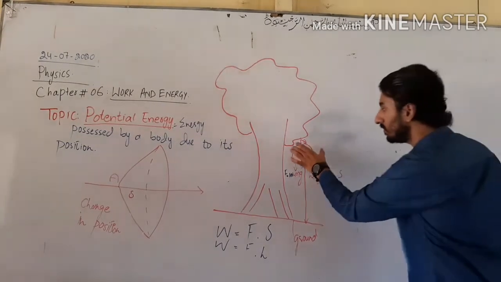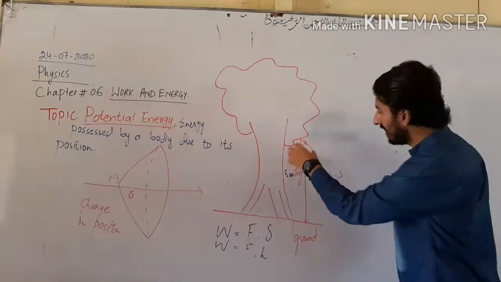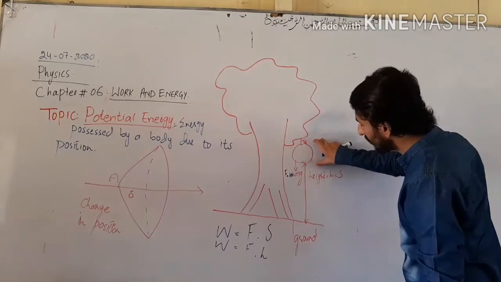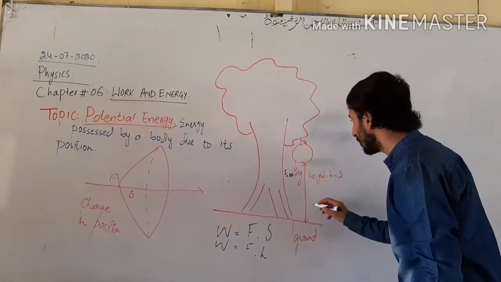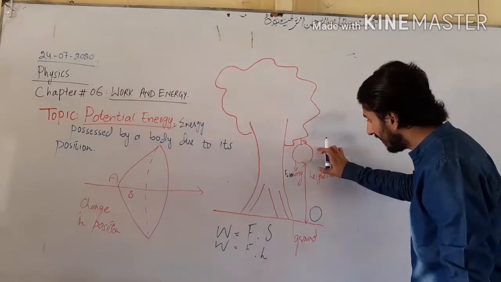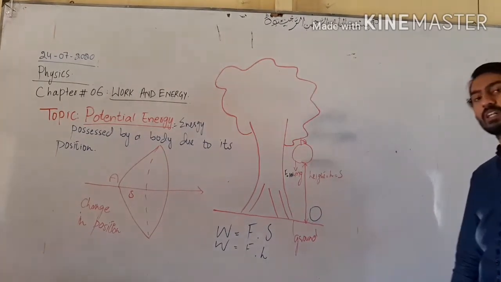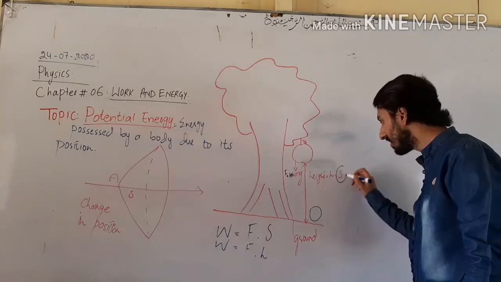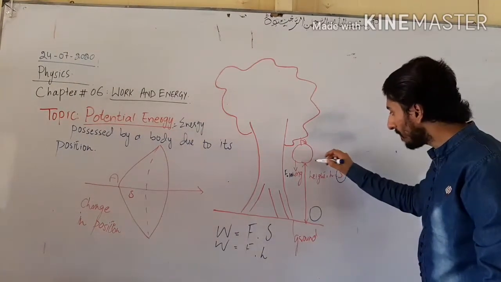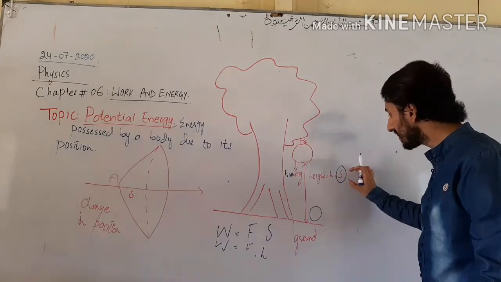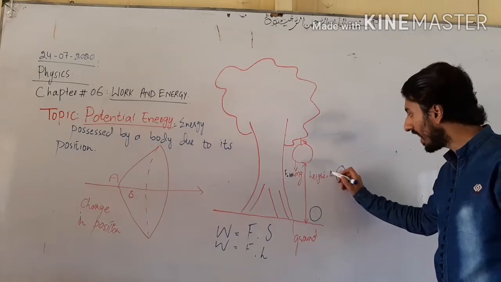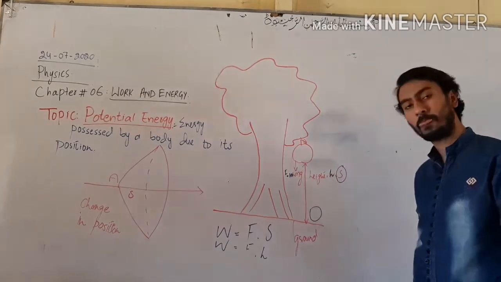When this apple, which is attached to the tree, falls from this position to this position, it will cover some distance, S. This covered distance is equal to the height, which I labeled as h.